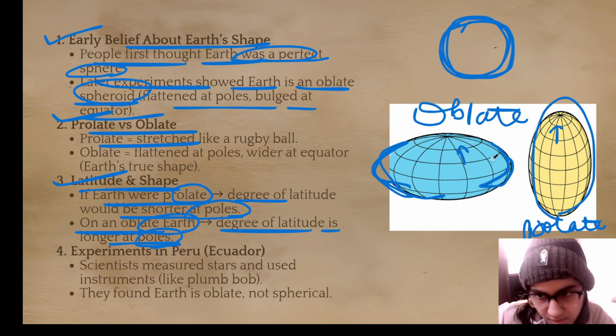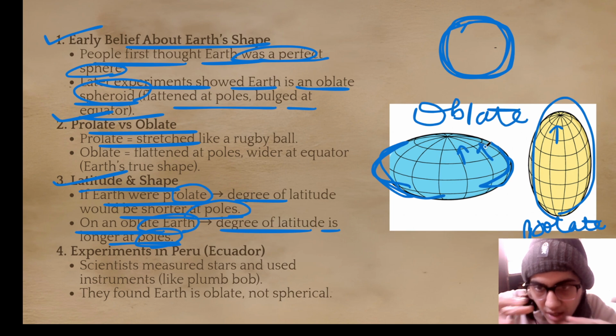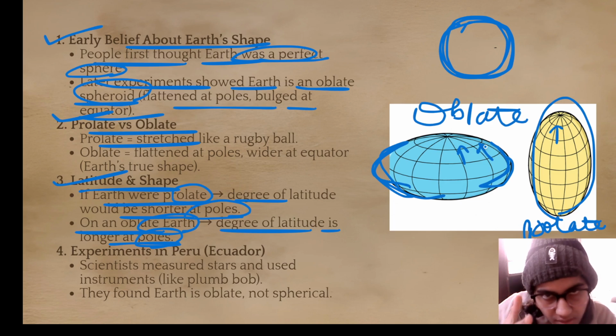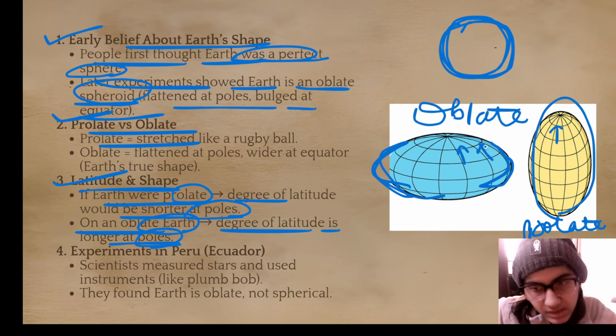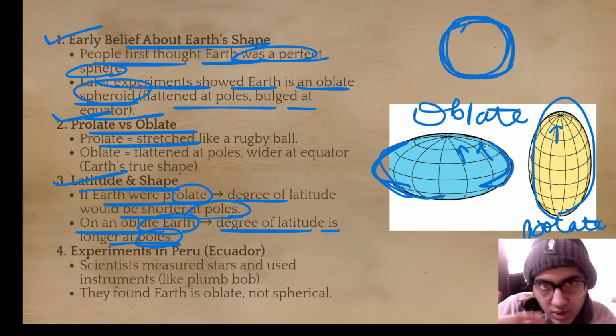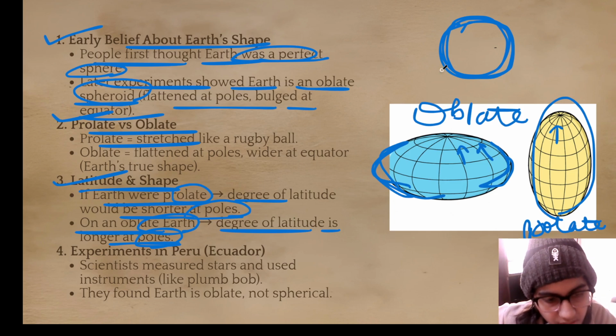In the oblate, the distance is much bigger, as we can see, it is stretched out, and in the prolate it is a little bit more compact. Because of that, the distance between two latitudes stretches out in comparison to the prolate.